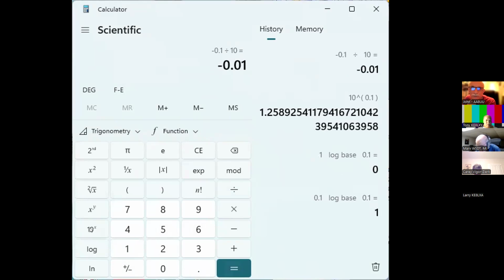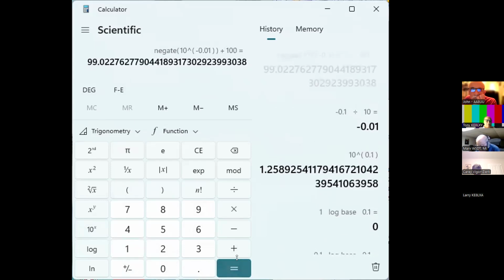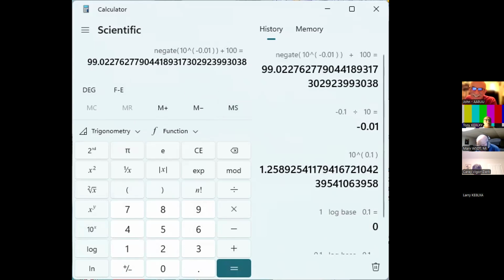Then you take the inverse log of that, which in this case you have to multiply 10 to that power. I got the wrong number, didn't I? 97. And then subtract that from 100. And then, no, I didn't do that right. We better start over.